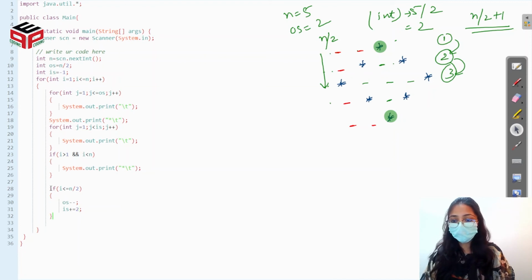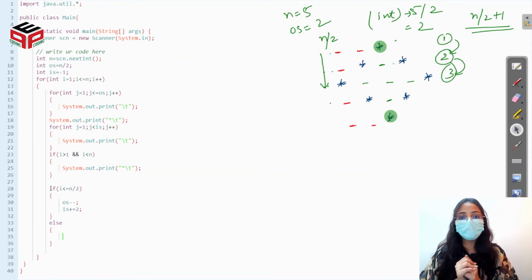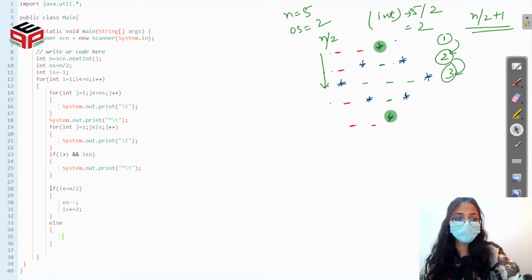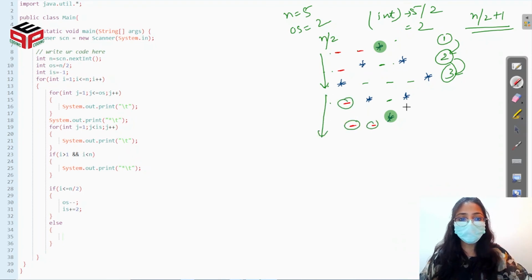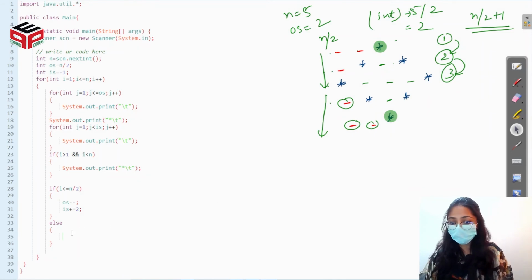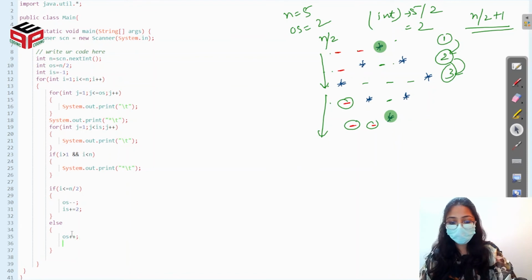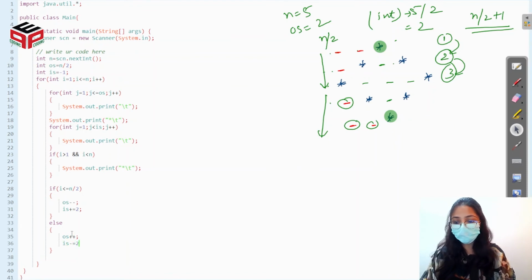Right? Otherwise, in the portion after the middle row, outer spaces will increase by 1 and inner spaces will decrease by 2. We are going to increase outer spaces by 1 and decrease inner spaces by 2.